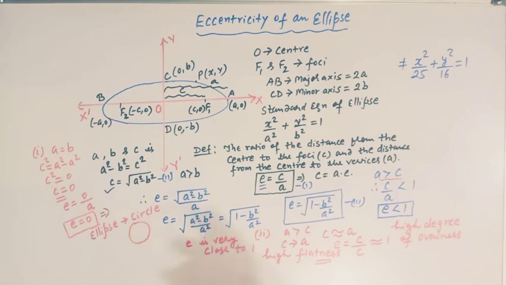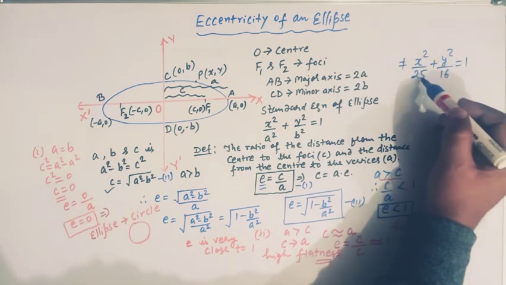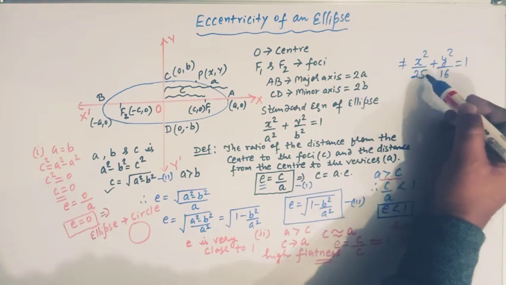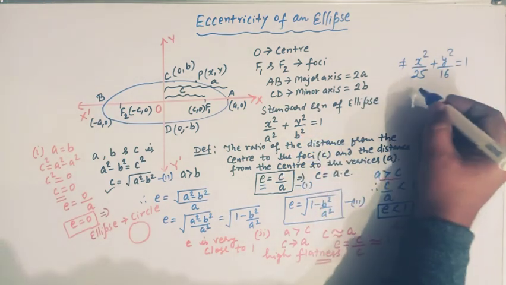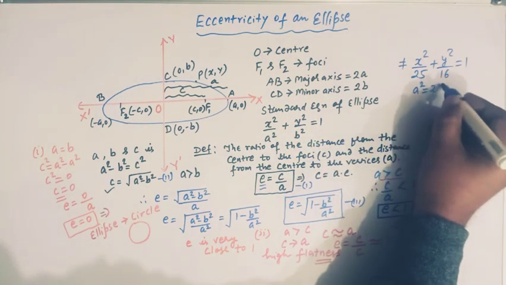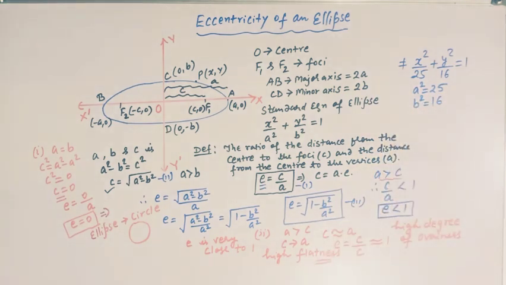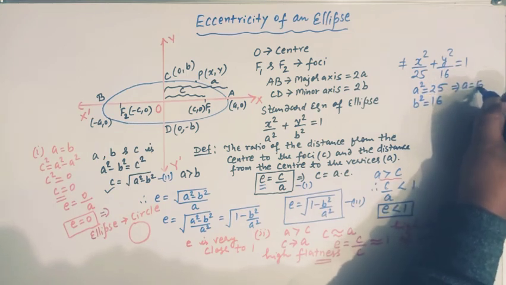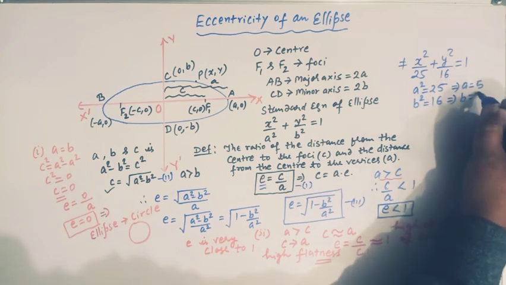Now let us find out the eccentricity of this ellipse. The equation of the ellipse is x squared over 25 plus y squared over 16 equals 1. If we compare this equation with the standard equation, we see that a squared is equal to 25 and b squared is equal to 16, right? So the value of a is 5 and the value of b is 4.